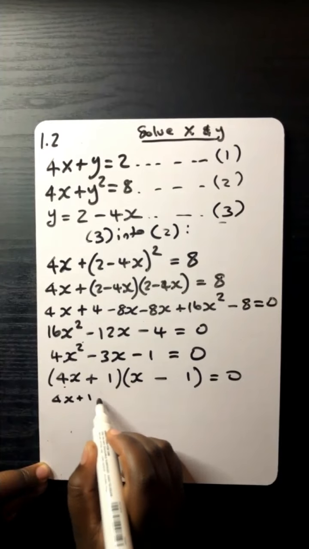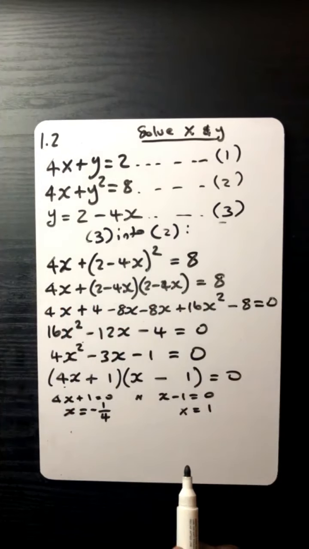Ladies and gentlemen, you've got the two x values of that equation, which means you must have the two y values of that problem. Now this is where you can use the fixed x value. You substitute in equation number 3. Very, very important, ladies and gentlemen.